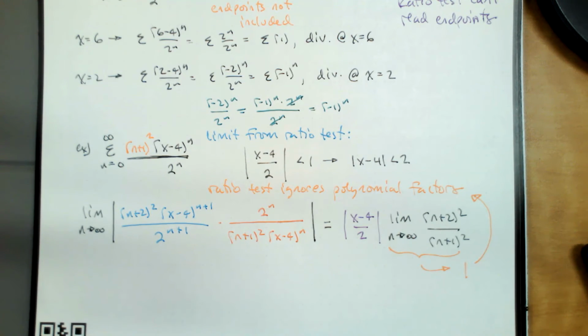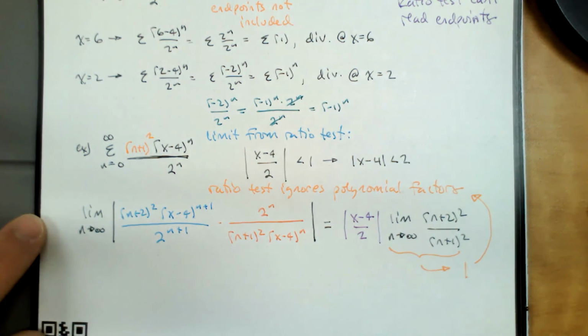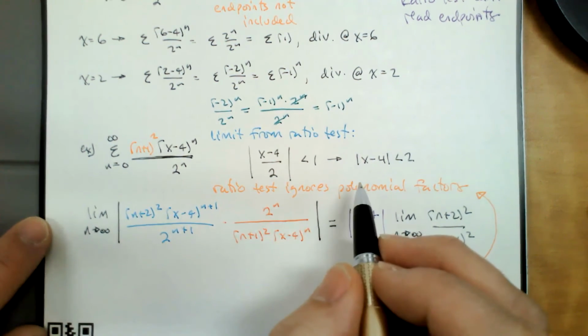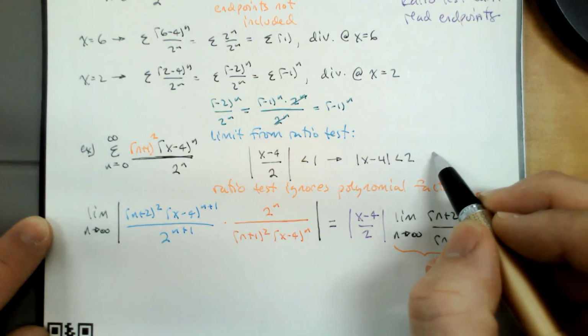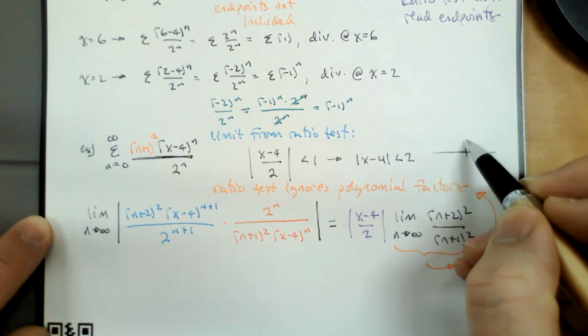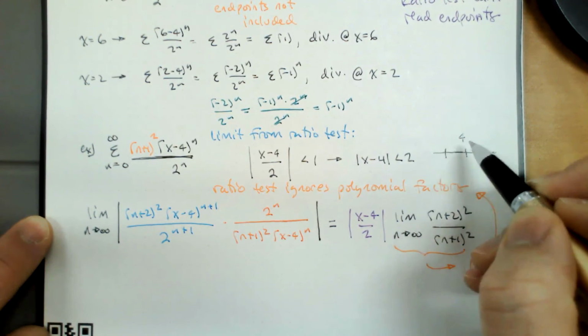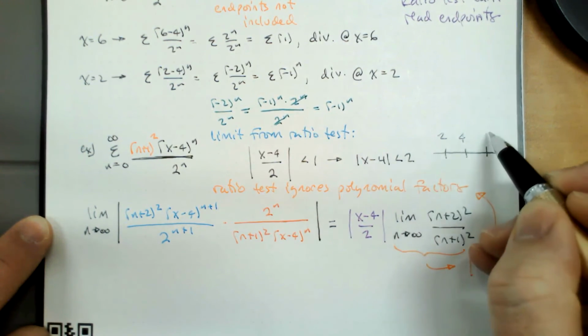Since we've got polynomial stuff, though, that might affect the endpoints. I mean, looking ahead, it's not going to in this case, because at both endpoints we're going to get divergence. The endpoints are, let's see, in the middle we have 4, down at the bottom a 2, and at the top a 6.